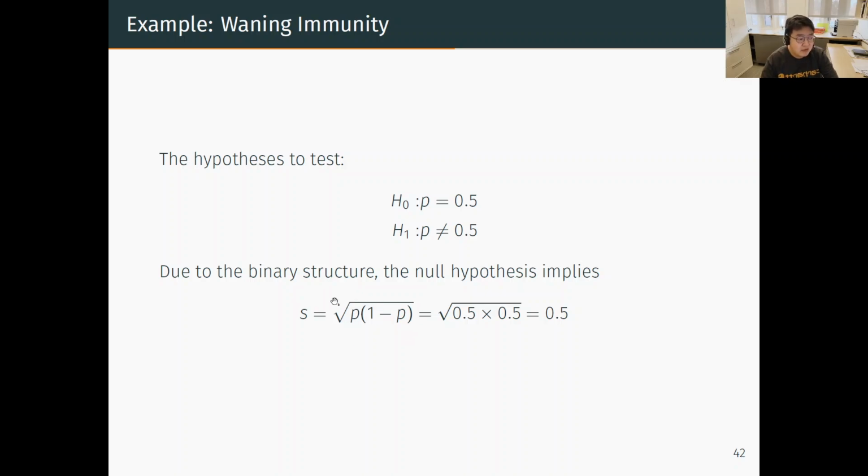And remember, this is based on the null hypothesis in hypothesis testing. We are testing the hypothesis of 0.5, which implies the standard deviation of 0.5. We are going to use this throughout this exercise, as long as we assume the null hypothesis is true.